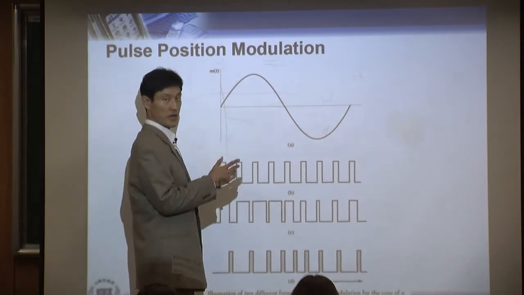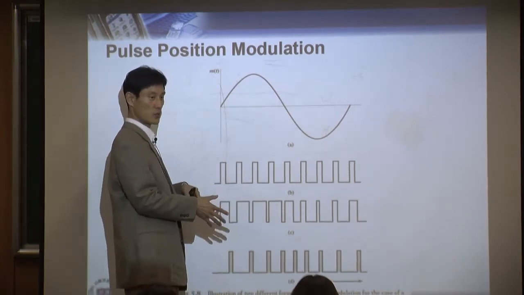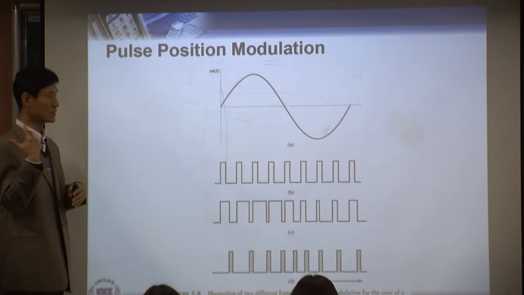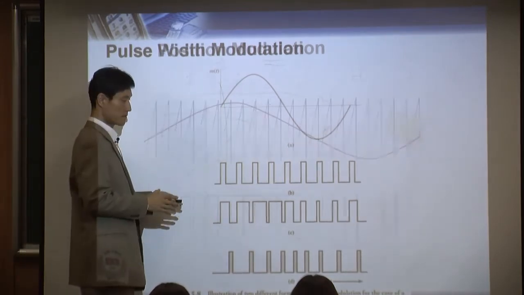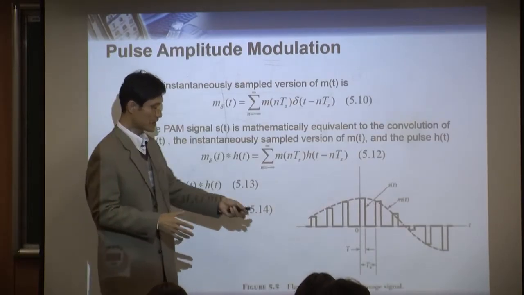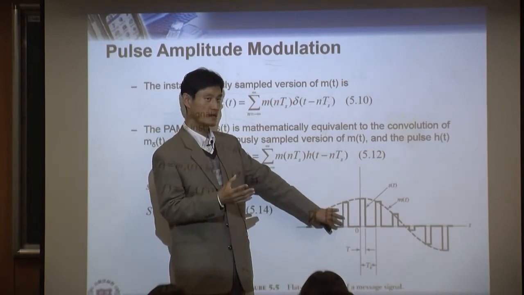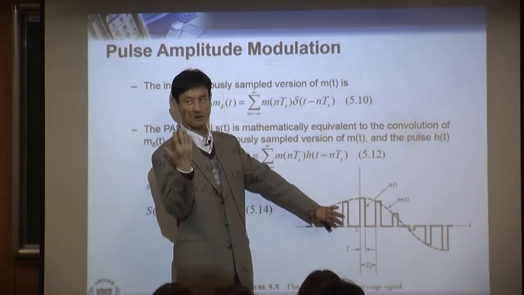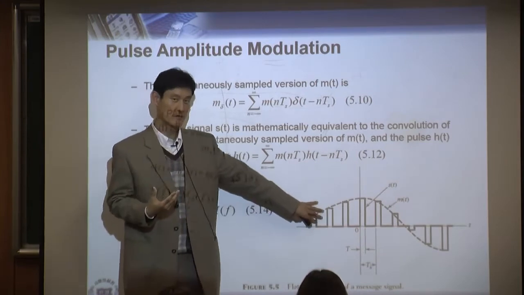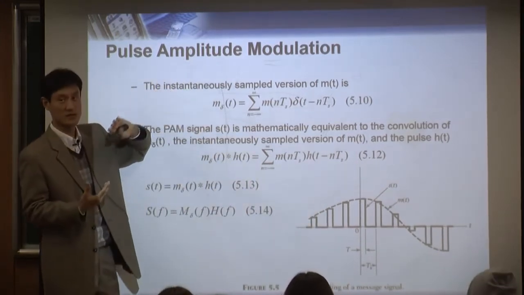So just compare this pulse modulation with analog modulation we learned. PAM, like this one. This one is almost the same as amplitude modulation in analog. It's almost same, right? Even the name is almost the same.